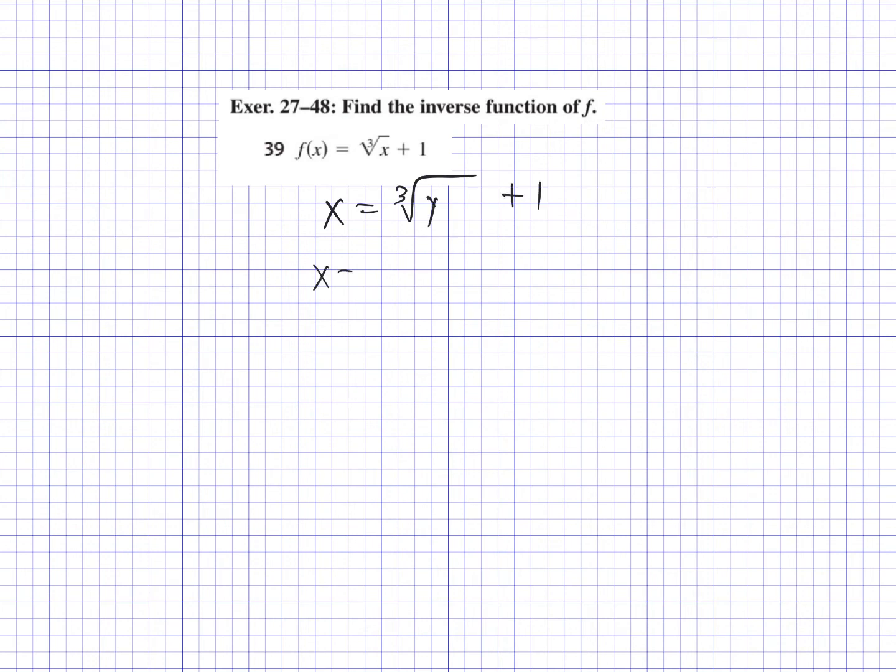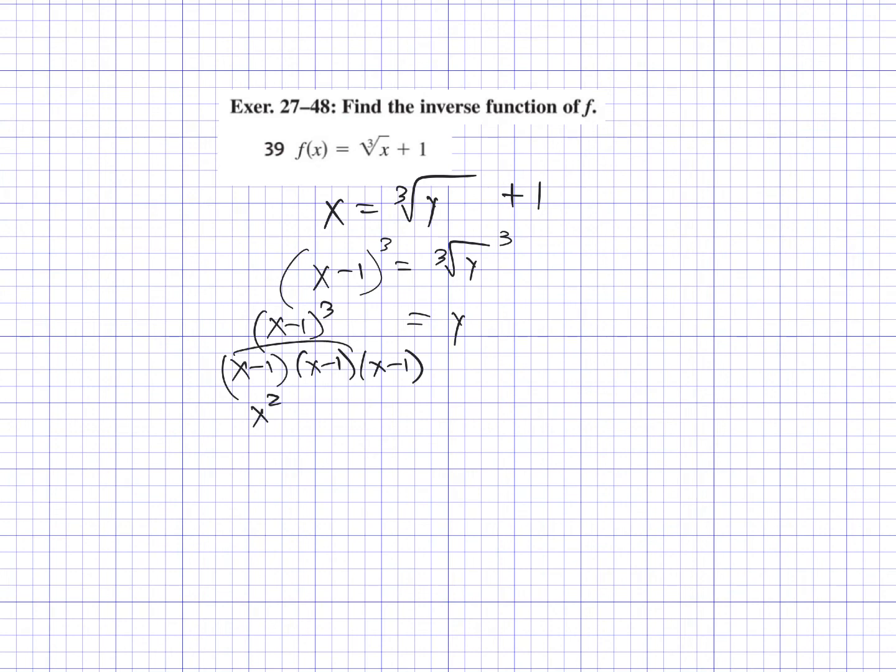All right, so x equals the cube root of y minus 1. So we cube all sides, and we get y equals whatever x minus 1 cubed is. So figure it out. We get x minus 1 times x minus 1 times x minus 1. Go ahead and do that. The first two are going to be x squared minus 2x plus 1 times the x minus 1.